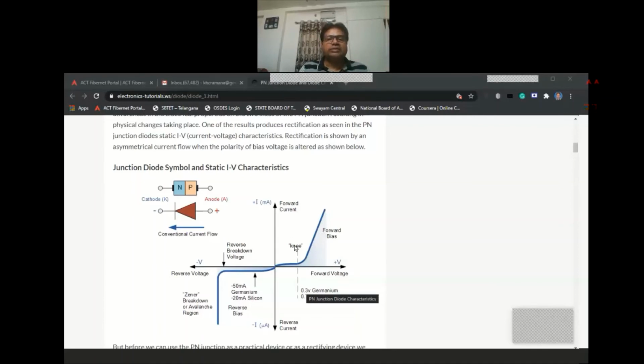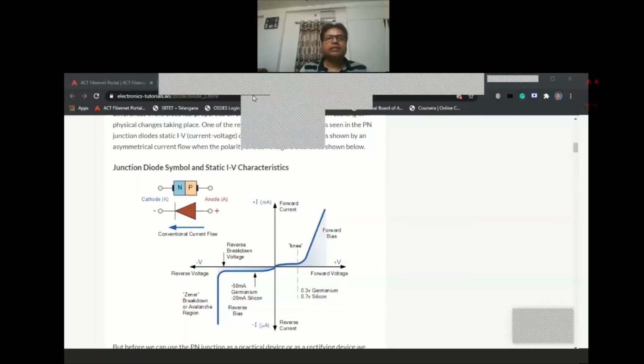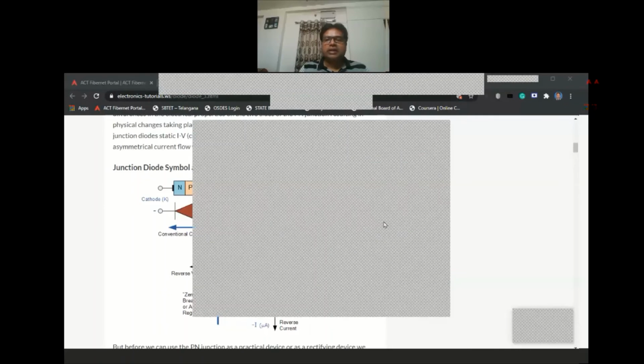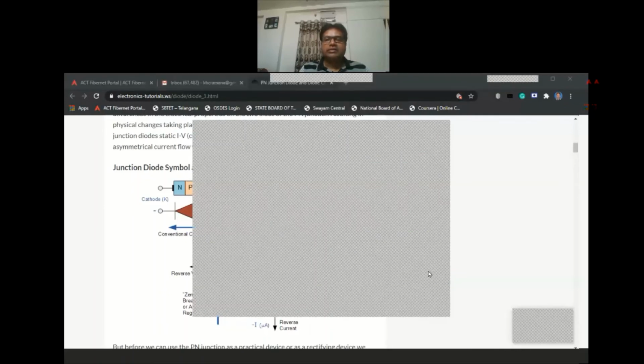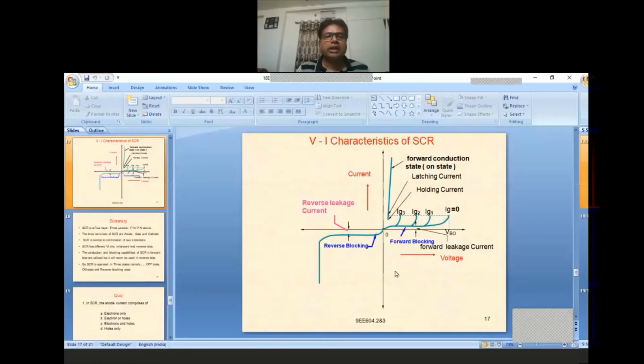When you use a diode as a rectifier, it is simply called a rectifier but not a controlled rectifier, whereas the SCR has characteristics where you can control its turn on times by injecting gate currents, so that the SCR turns on at voltages less than the forward breakover voltage.